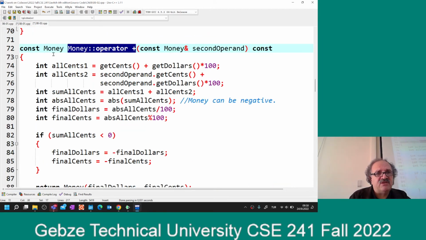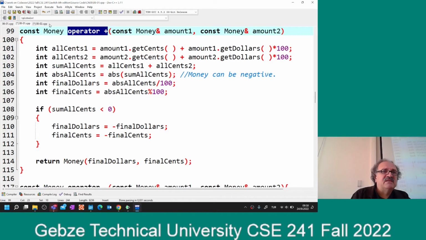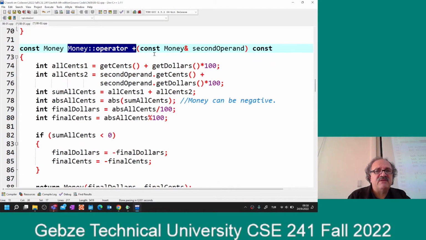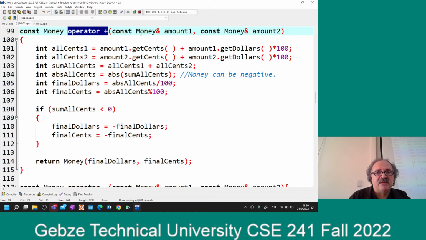And the second one returns a const money too. The first one takes two parameters. Well, this one now takes one parameter because the first parameter is myself, my object. And this const says that I am not going to modify myself. Okay. This one says I am not going to modify the first parameter or the second parameter.